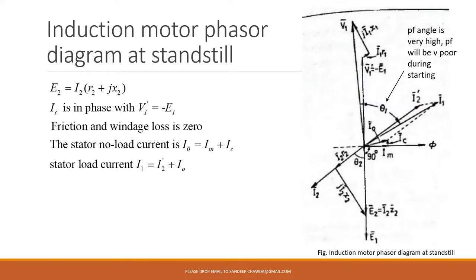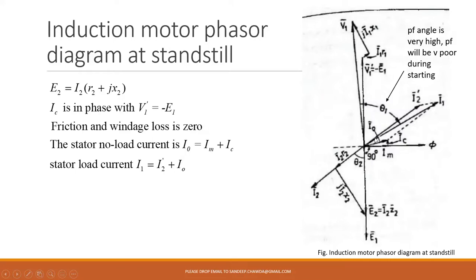Basically the equivalent circuit phasor diagram would be almost along that line only, as well as the equivalent circuit, which we are going to talk about. So this is going to give you I naught, and once you have I naught, I2 dash is already with you, and its summation is going to give you I1. Now you have I1, and you have V1 dash or minus E1.